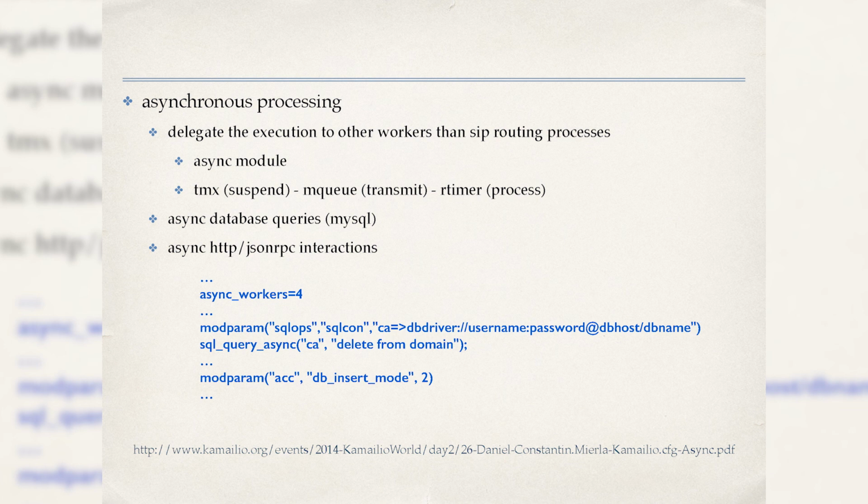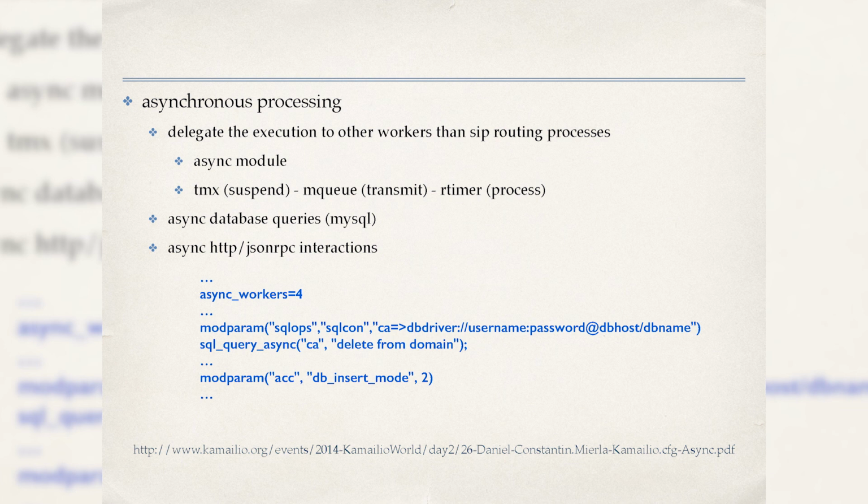So it's good to offload whatever you think is going to take some time to execute via this asynchronous approach. We have an async module, and then we have a group of modules that you can combine, like suspending the invite.